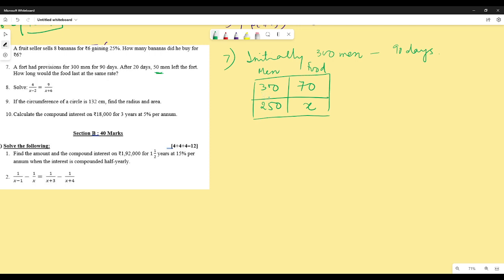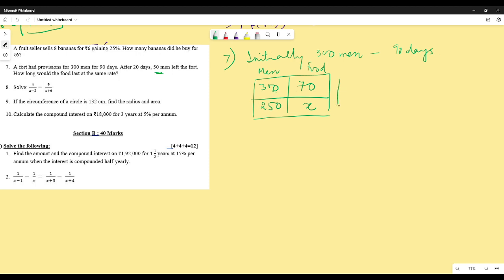So that is where the error began. You forgot that for 70 days initially the food was available for 300 people. So the first factor we have to take is 300.